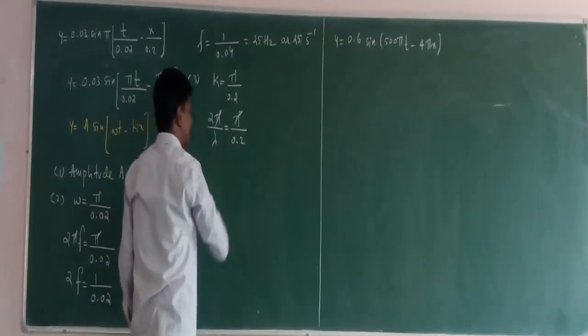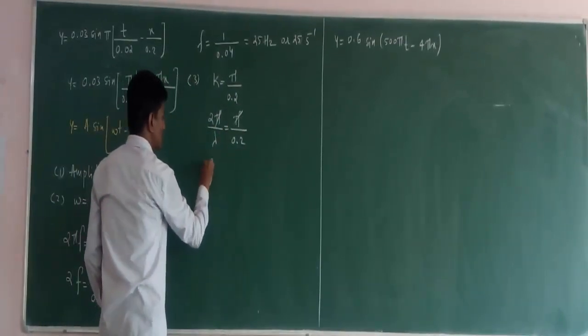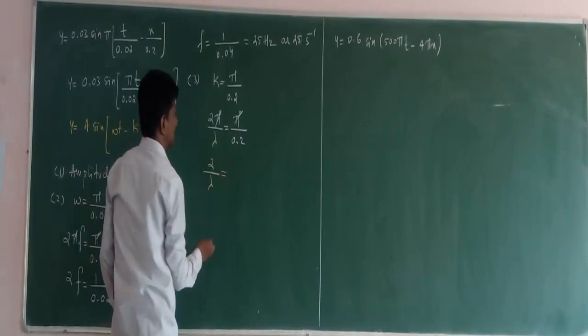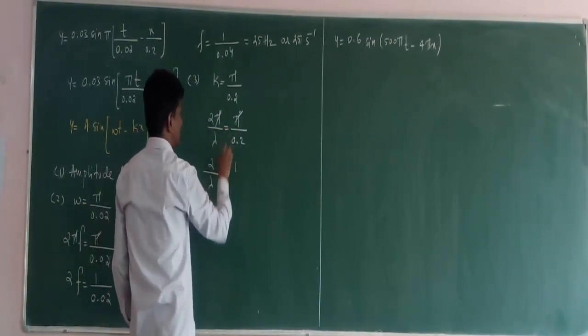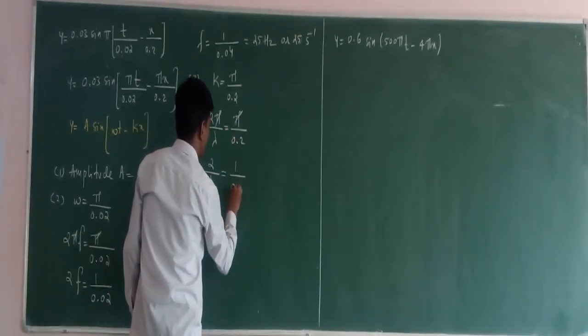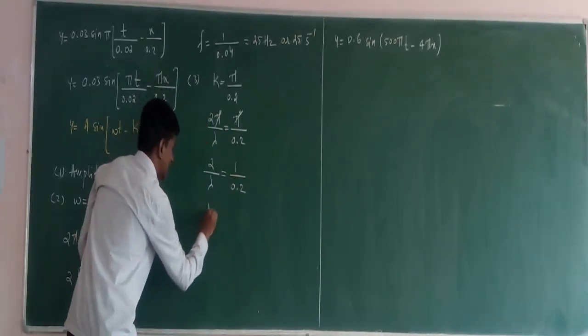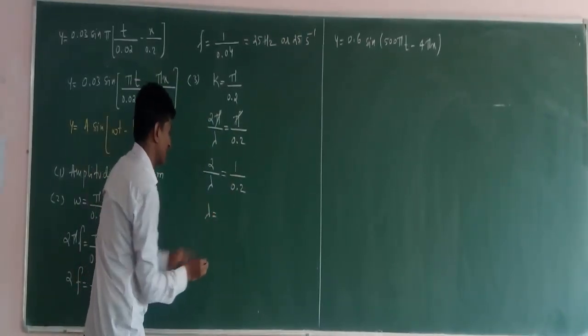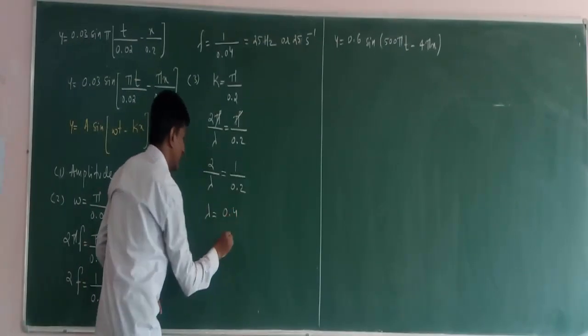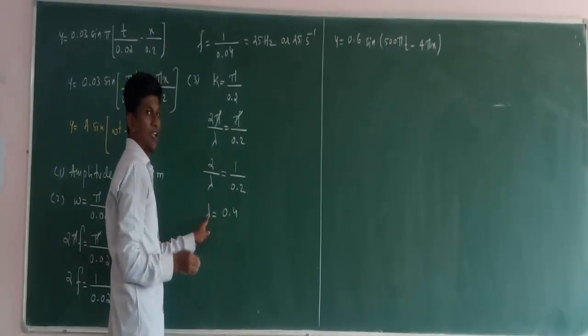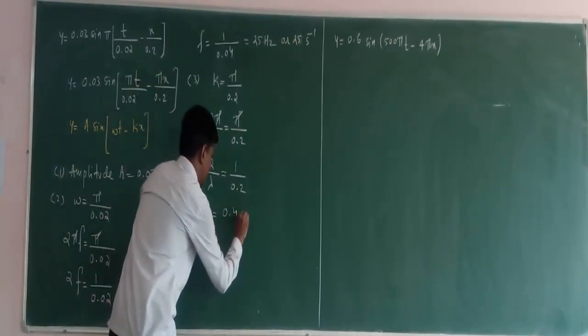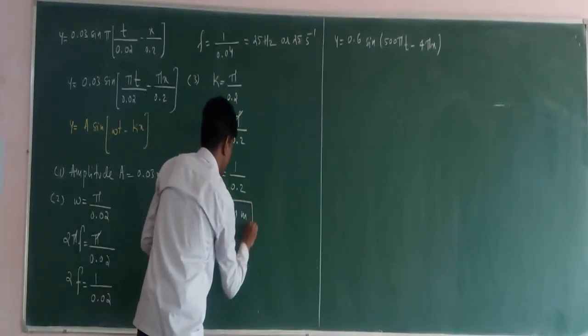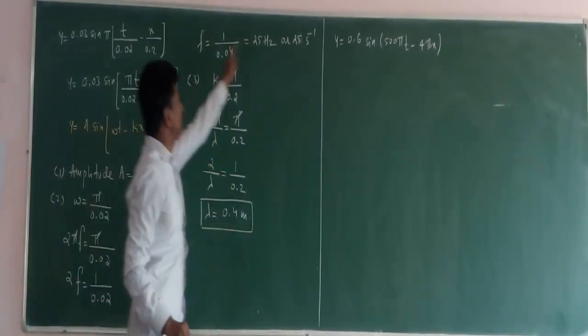This pi will cancel out. 2 by lambda is equal to 1 divided by 0.2. Then lambda becomes 0.4, and lambda is nothing but wavelength. Wavelength is measured in meters. This is the wavelength. This is the frequency.